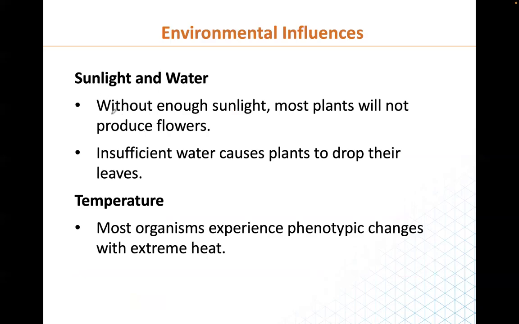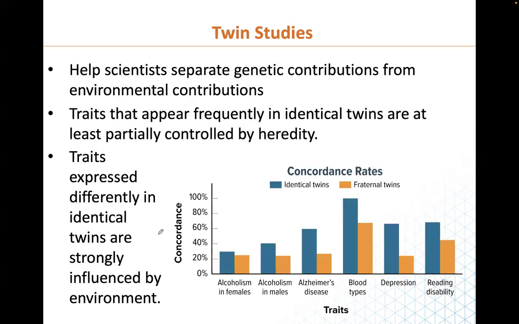A good example is sunlight and water. Without enough sunlight, most plants will not produce flowers. Insufficient water causes plants to drop their leaves. As for temperature, most organisms experience phenotypic changes with extreme heat. Twin studies are used by scientists to separate genetic contribution from environmental contribution.